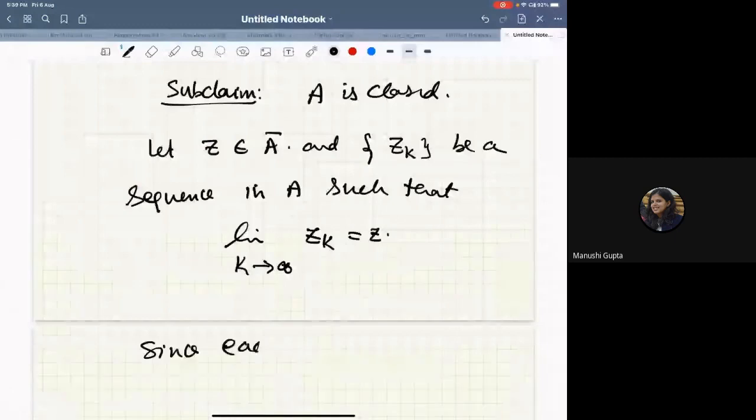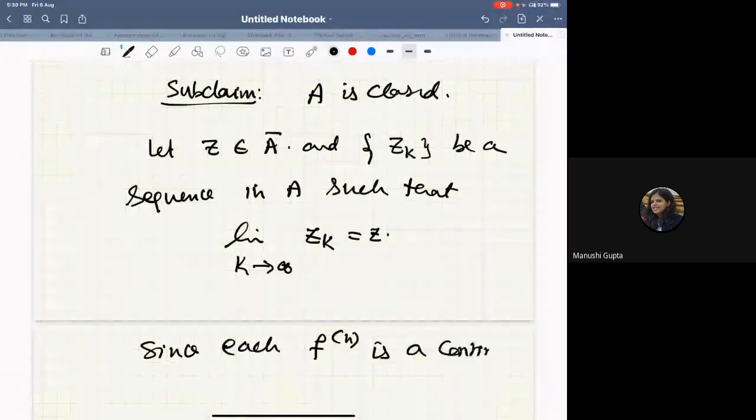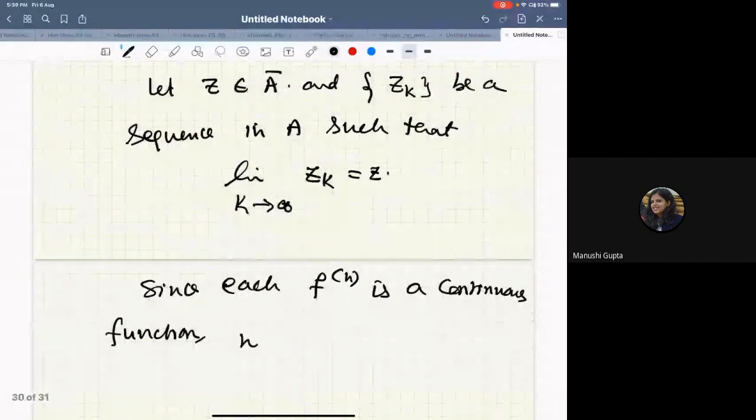Since each Fn is a continuous function, we have the following.